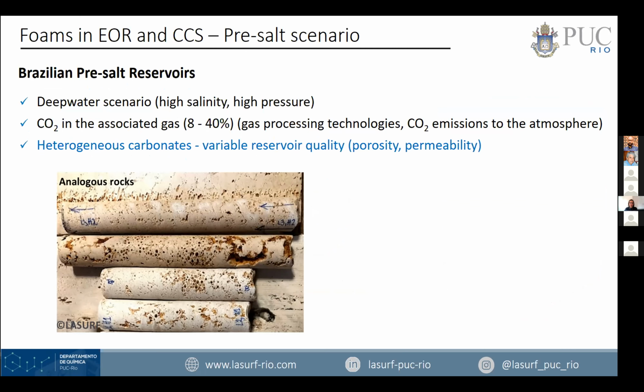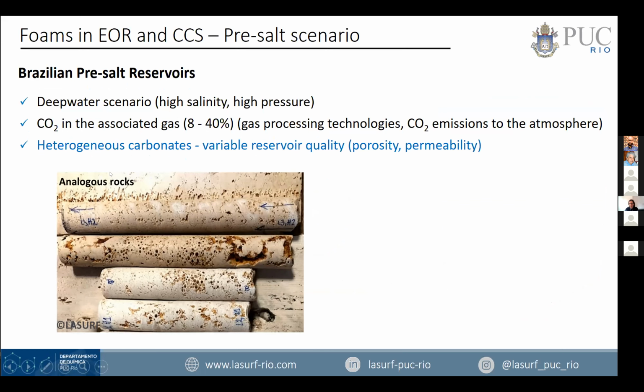These carbonates have variable reservoir quality, with very variable porosity and permeability. And these are some pictures from the core that we got for our work in the lab, and you can see how this is analogous rock.